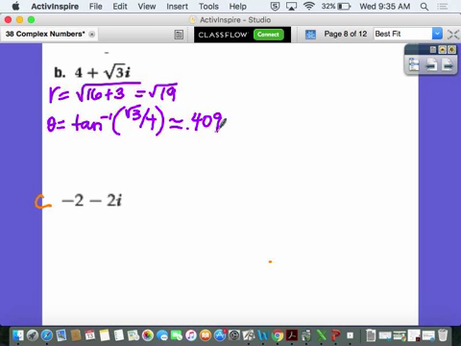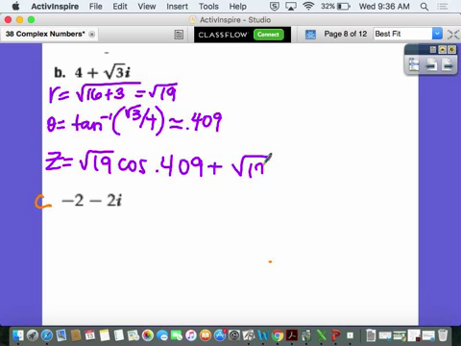Okay, so 0.409. Do you have to add anything to it? No, because it was in the first quadrant. So the polar form should have been the square root of 19 cosine 0.409 plus square root of 19 sine 0.409. Awesome.